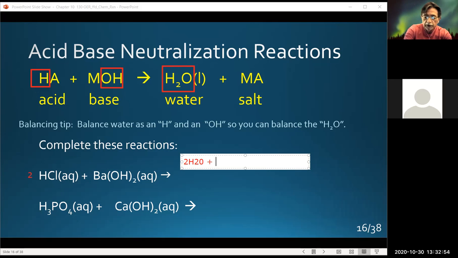Now, before you put them together, my suggestion is you put them first in ionic form like we've been doing before, okay? Because that way that assures me that I put them together in the correct ratio. And I know barium has a +2 charge for 2 reasons. One, it's in group 2, okay?